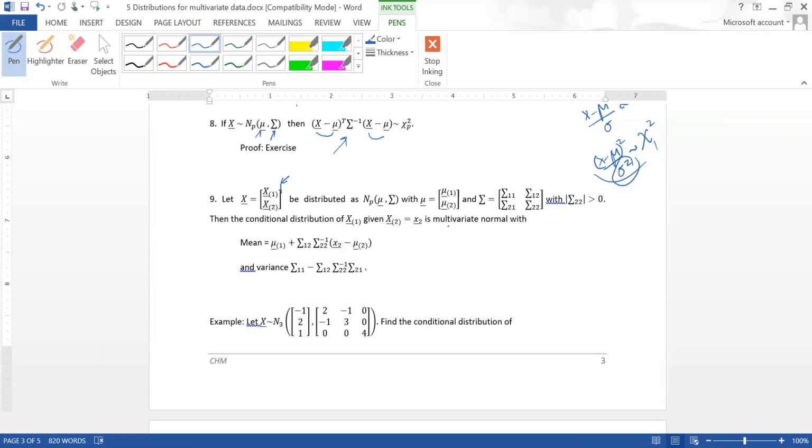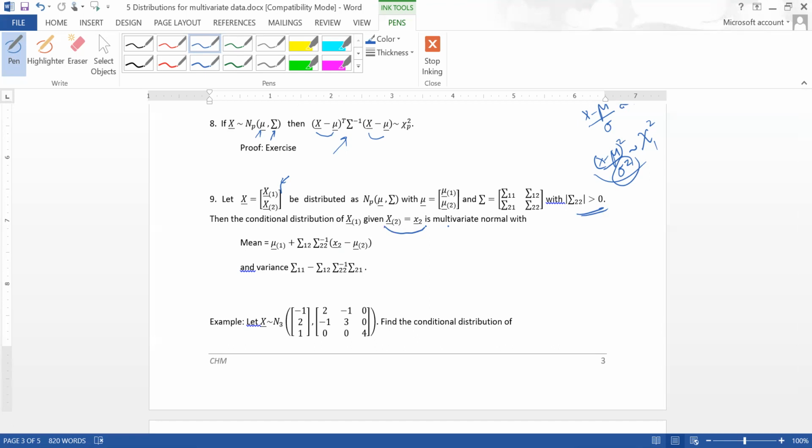Let x be distributed as p-variate normal with mu and sigma, the mean vector and variance covariance matrix, again partitioned. And we have a special property here: the determinant of sigma 2 is positive. Then the conditional distribution of x1 given x2, where the second part is given as simple x2, has a multivariate normal distribution.